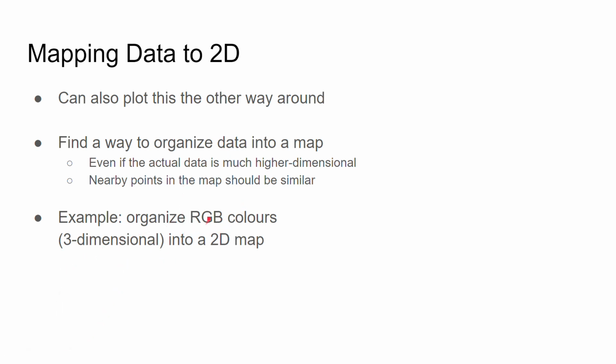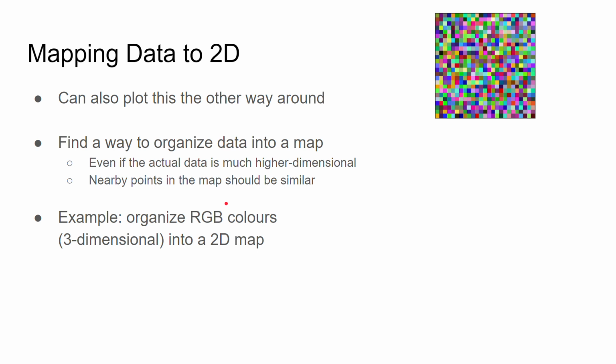But for this purpose, I'm just randomly generating three-dimensional red, green, blue colors. And I'm going to say, all right, please shove those into a two-dimensional map. And if I start that algorithm and randomly initialize those prototypes, well, okay, so my map is 25 by 25.